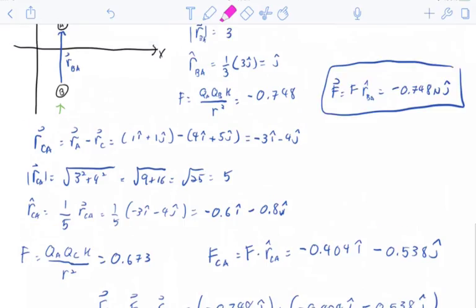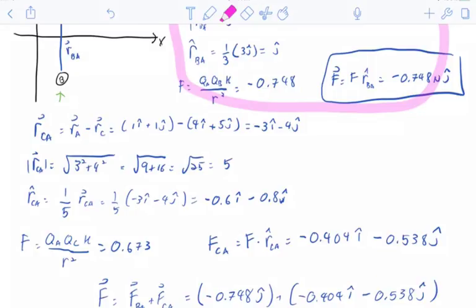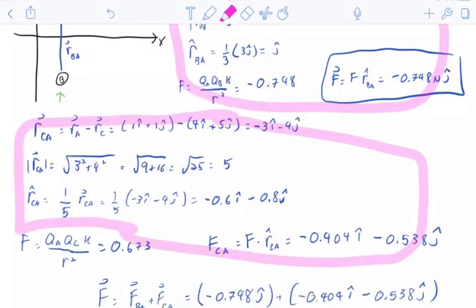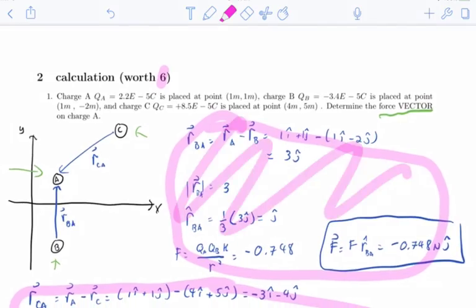So instead, if you show these intermediate steps, you can get part marks. Okay? So let's say you did this step correctly, but this step incorrectly. You still might get 4 out of 6 or 5 out of 6, right?